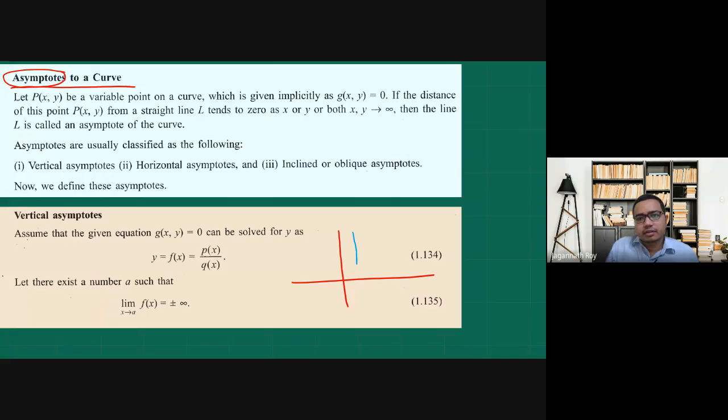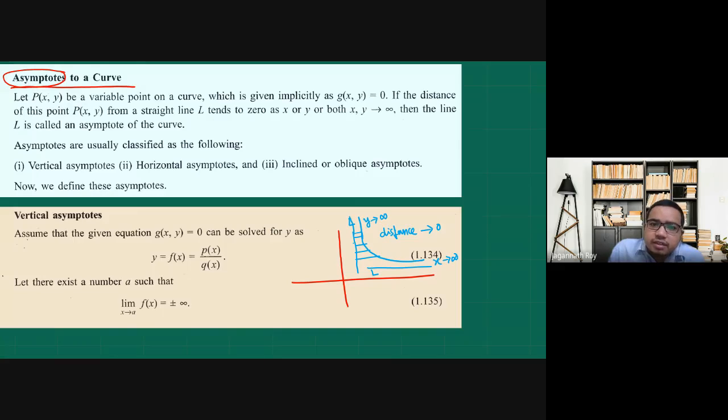So if a line lies at a finite distance from the origin, and we have this type of relation that as x tends to infinity or y tends to infinity, the distance between this line, this vertical line or horizontal line, and the curve is tending to 0 as we move forward along this curve.